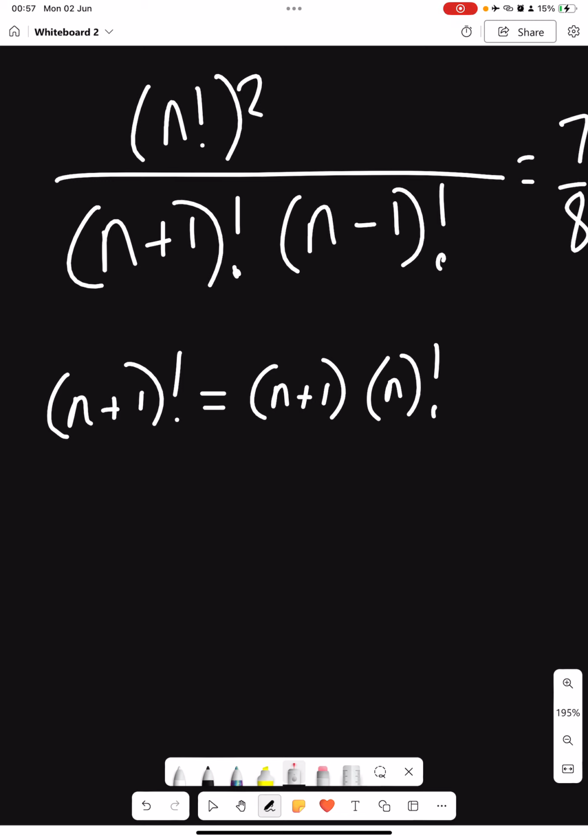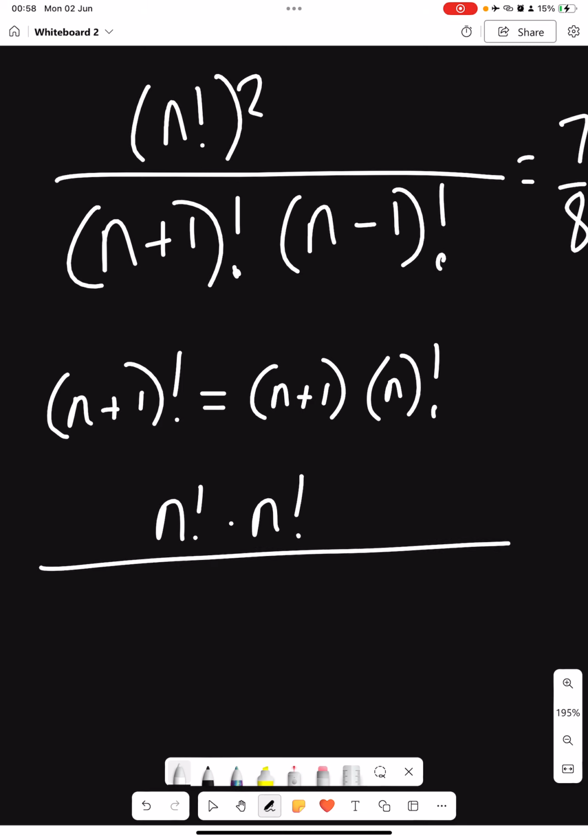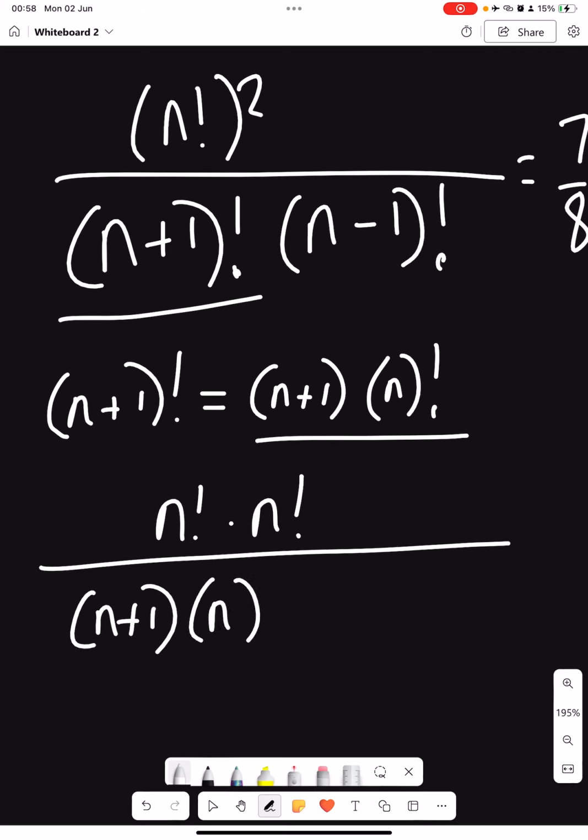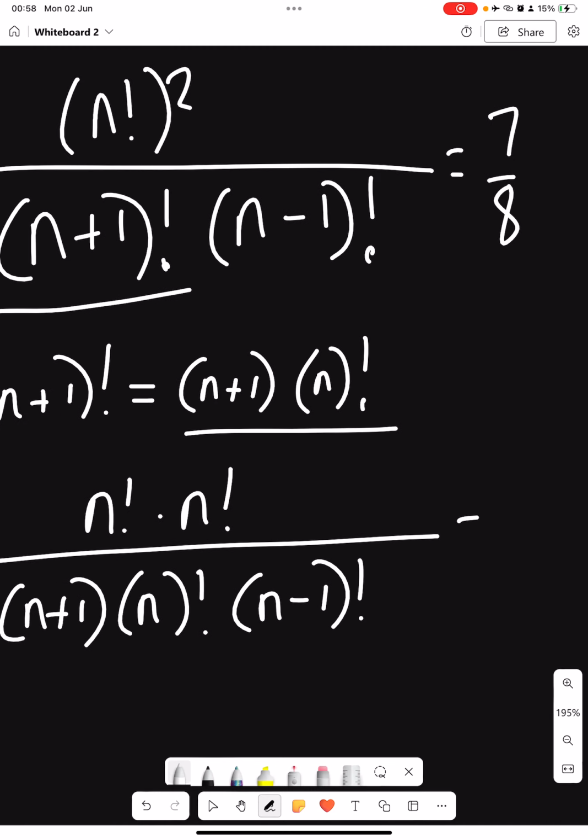And then now I'm going to replace this. I'm going to say n factorial multiplied by n factorial, because it's to the power 2, all over. I'm going to replace this with that, which is n plus 1 multiplied by n factorial. And then we have n minus 1 factorial, which will be equal to 7 over 8.